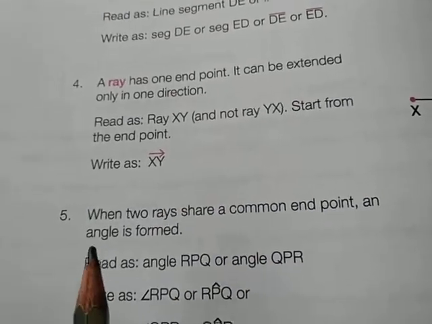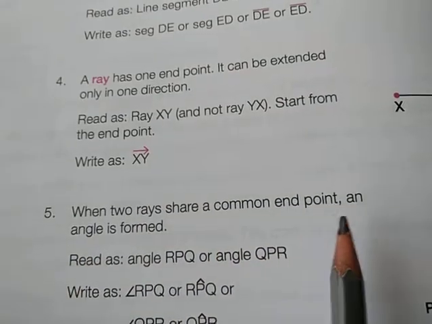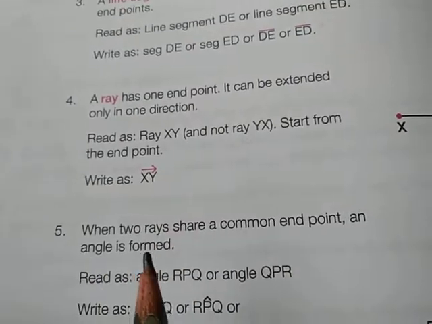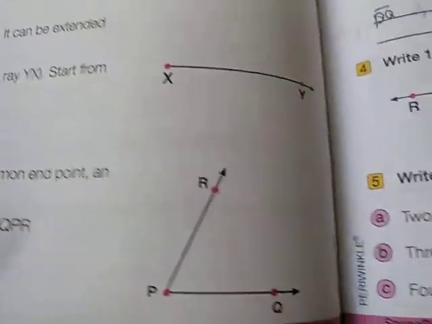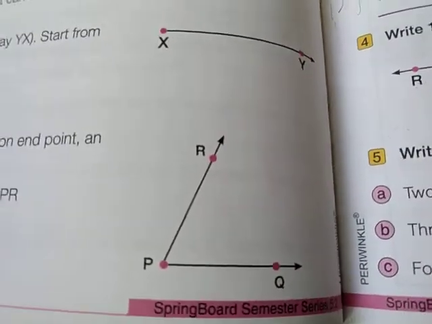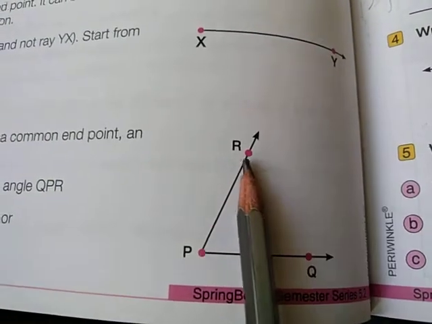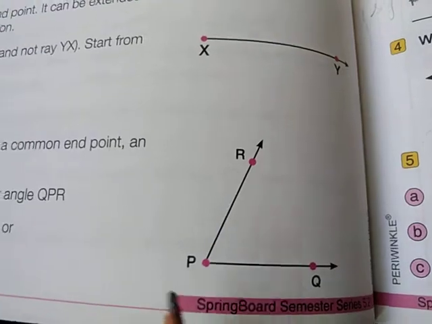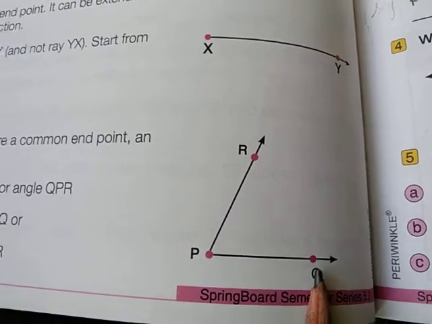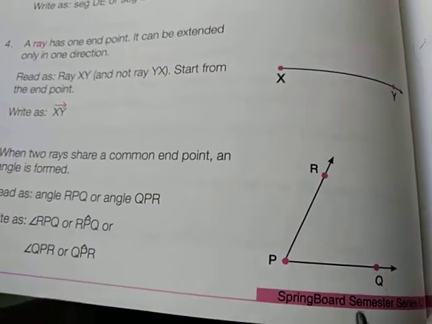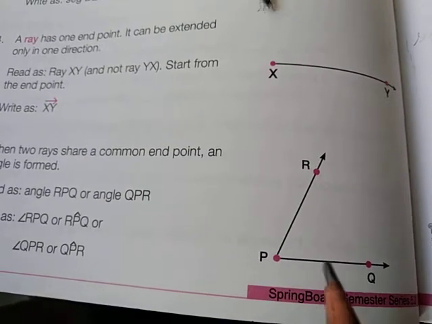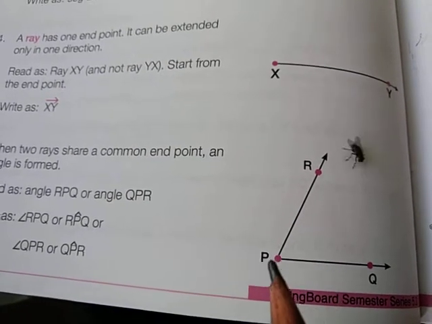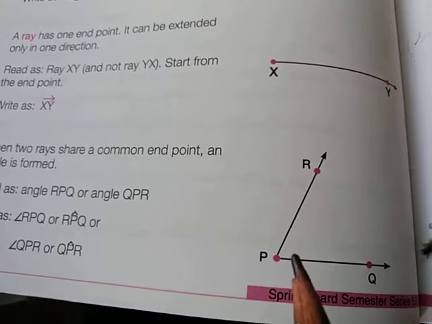Now fifth is angle: when two rays share a common end point, an angle is formed. Read as RPQ. Now see, here there is a triangle symbol. Angle RPQ. Okay, two rays. This is one ray and this is the second ray. So they share a common point and it becomes an angle over here.